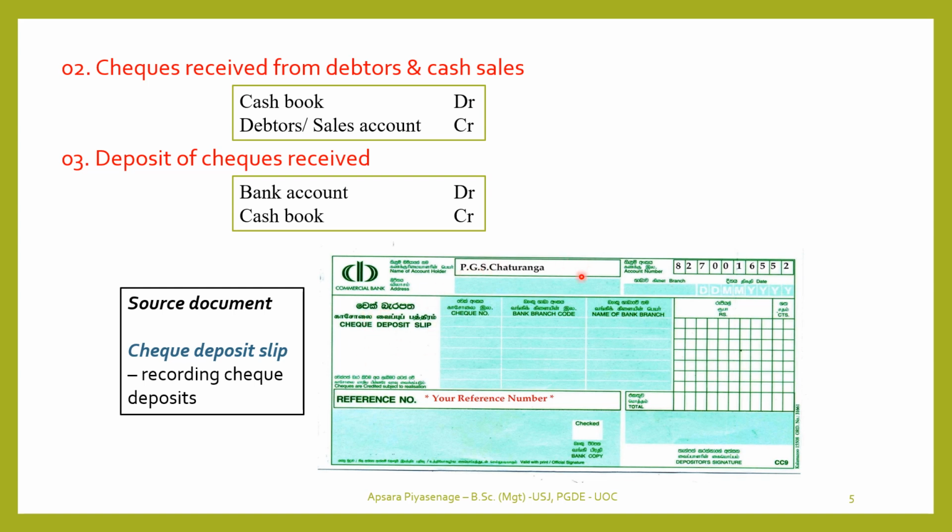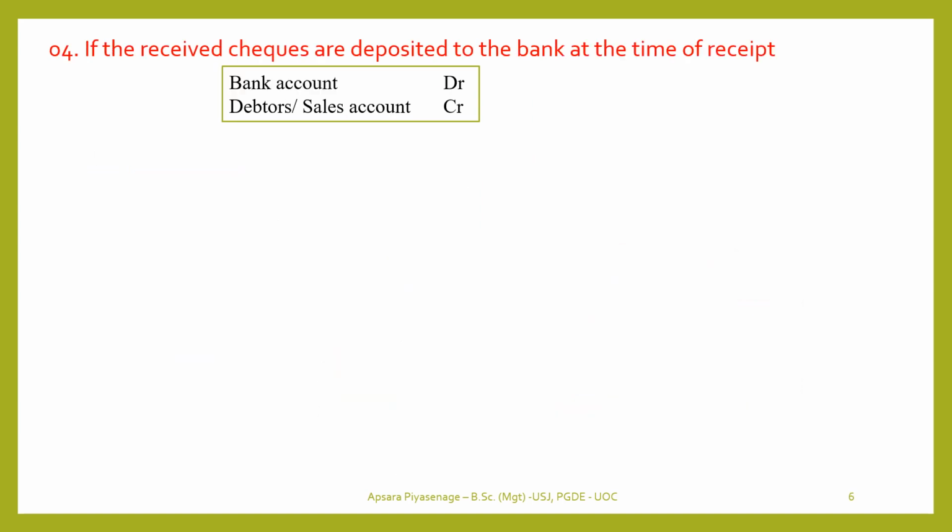Here you have to write the name, account number, and here a space is given to write the check number, bank branch code, and name of the bank branch. And here you have to write the amount and sign. This also comes with two copies, one for the customer and one for the bank.